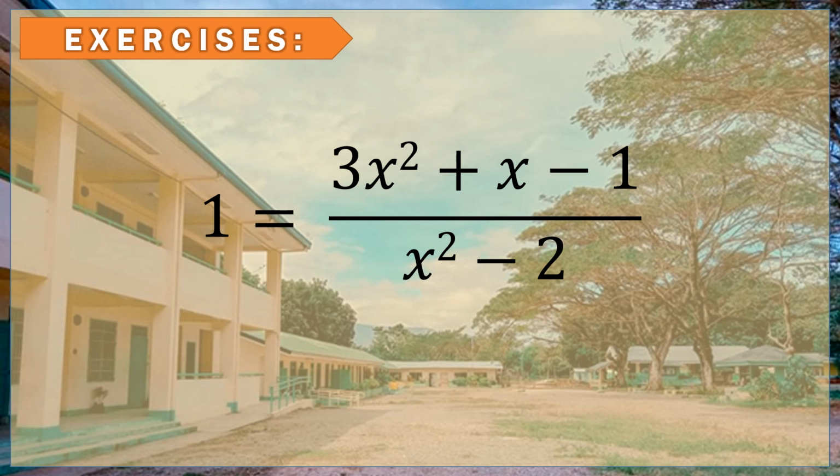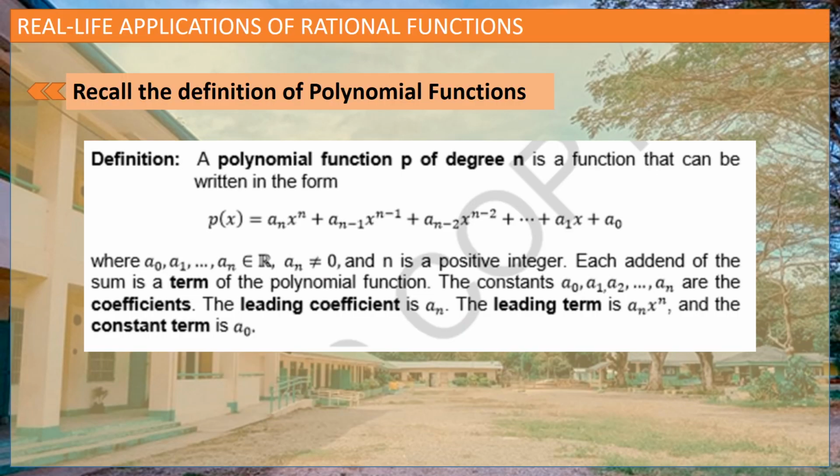So let's proceed now on how rational function is being applied in real life situations. So, recall muna natin yung definition ng polynomial function. A polynomial function p of degree n is a function that can be written in the form p of x is equal to a sub n x raised to n plus a sub n minus 1 x raised to n minus 1, so on and so forth, where a sub 0, a sub 1, are all real numbers and not equal to 0.